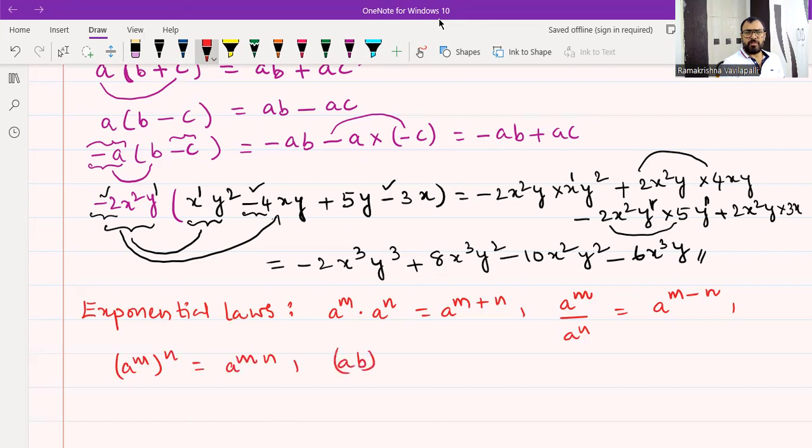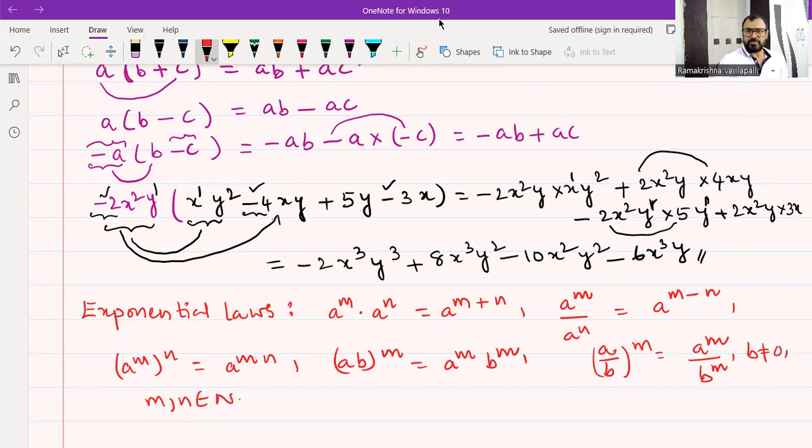AB whole to the power of m equals A power m, B power m, or A by B whole to the power of m equals A to the power of m by B to the power of m. Of course, particularly for this B is not equal to 0, and m, n here we take as natural numbers.